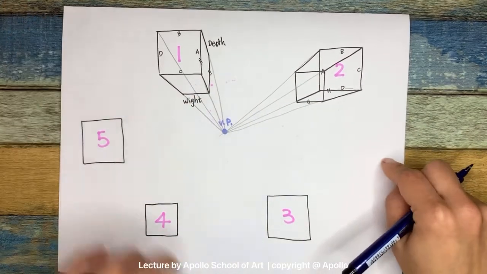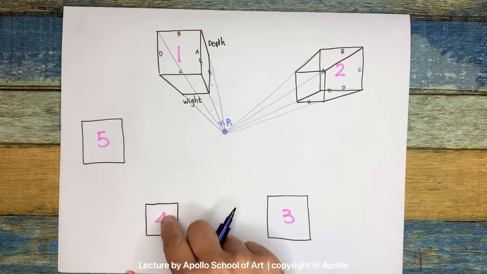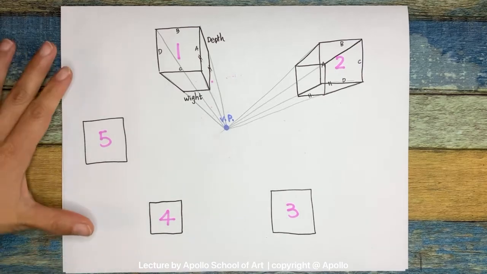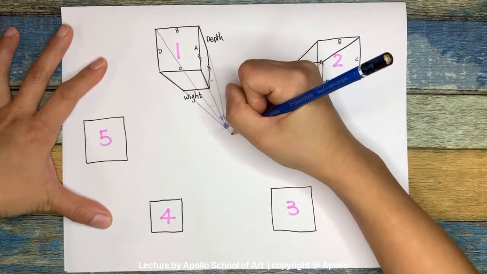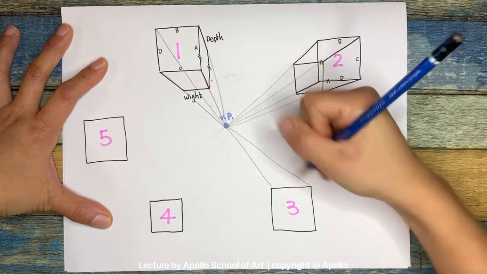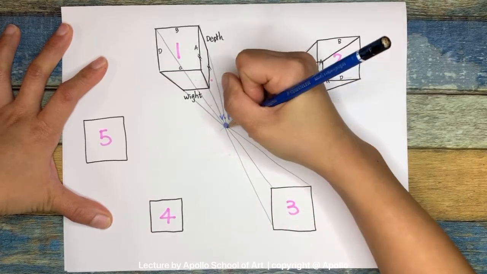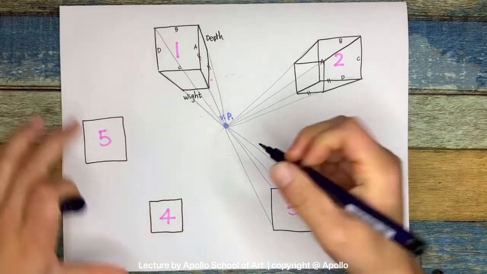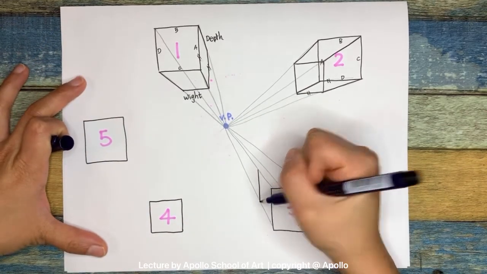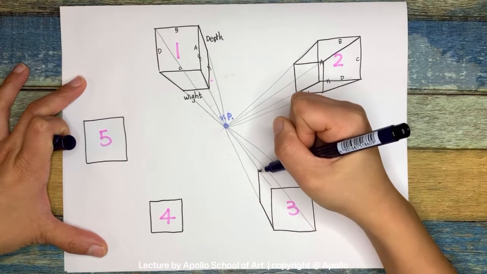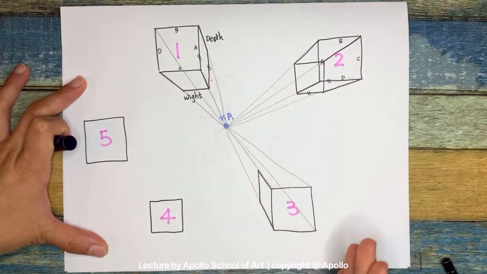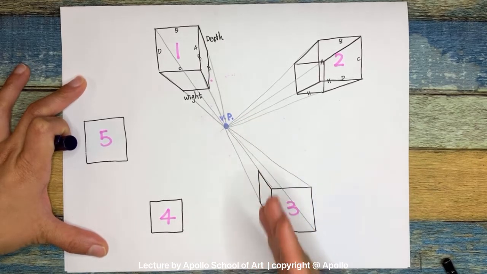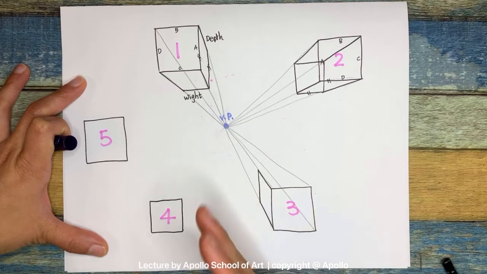Okay, now I want you to practice number 3, 4, 5 on your paper. Make sure the lines are on the same angle. If they are straight up, then you have to add all the lines straight up. If the line has an angle, like diagonal, then you are going to have this line as the diagonal.